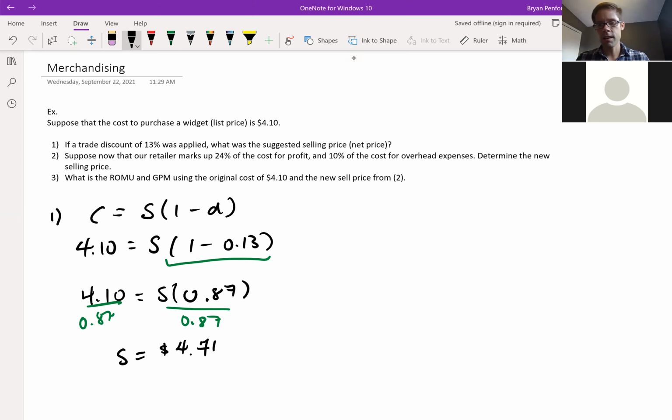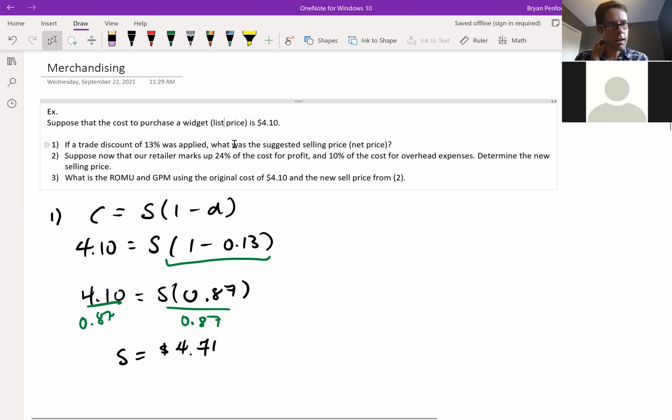Oh, I see what you did, Alexander. You put in the $4.10 as the list price, or as the, what happened here? That looks weird. You put it in as the net price. Sorry, did I have these backwards? I might have these backwards. This might be my fault. So the cost to purchase is actually the net price.